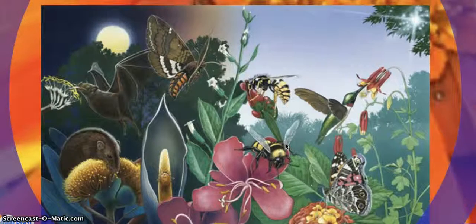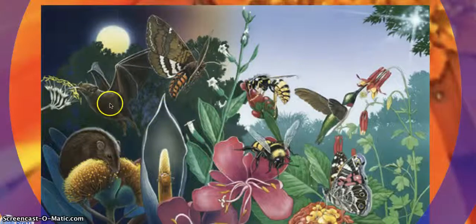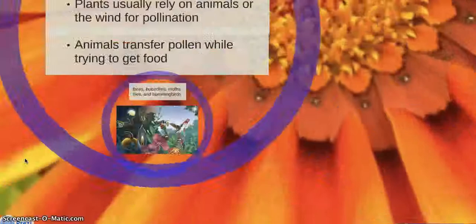Do you notice any other types of animal pollinators in this image? Do you see the bat and the possum? So let's see what pollination looks like in action.